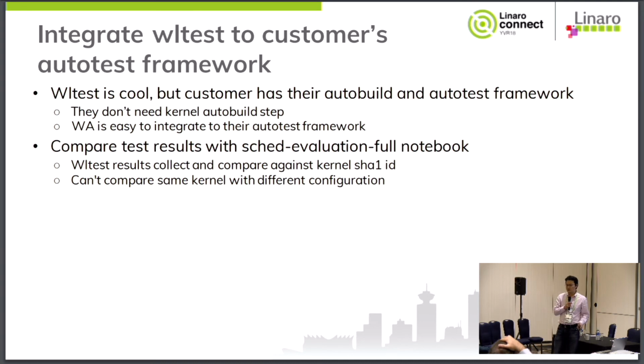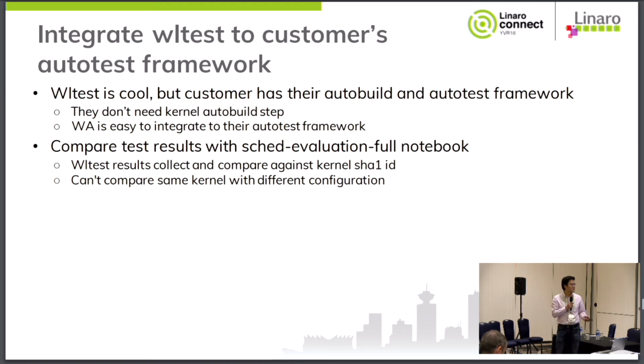By default, wltest will compare the different test results based on the kernel version. But some partners just want to run different tests, using different configs with the same kernel.